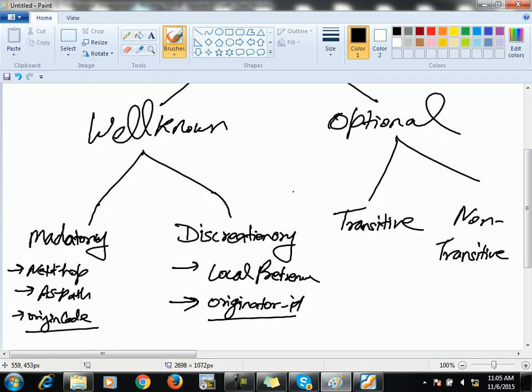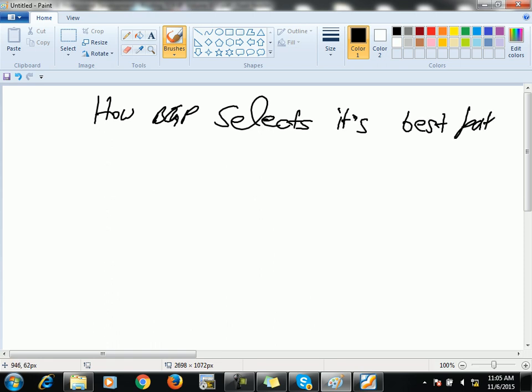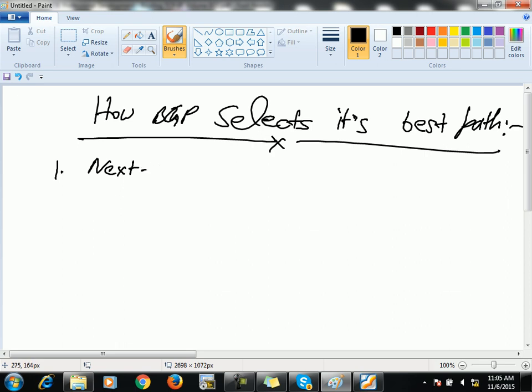Right? Now these are the classes of BGP path attributes. Apart from that, we can discuss how BGP selects its best path in a sequence, right? First, it checks next hop reachability.